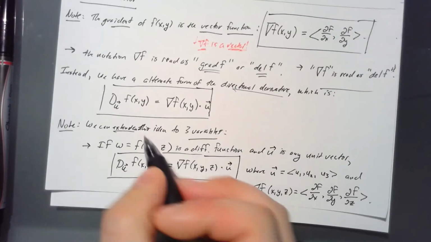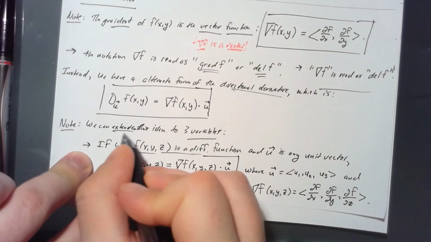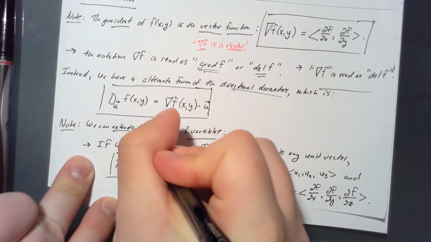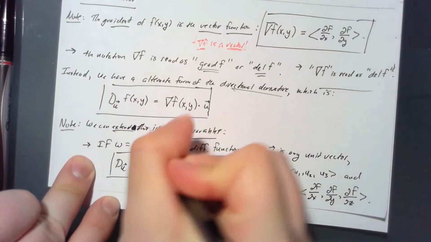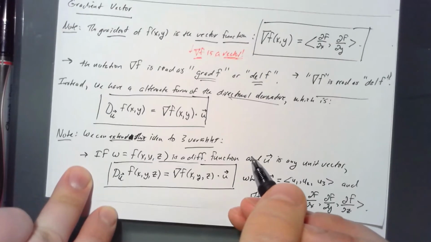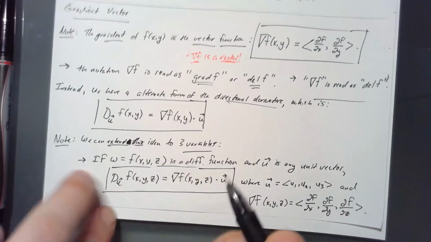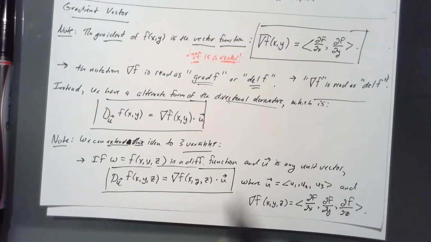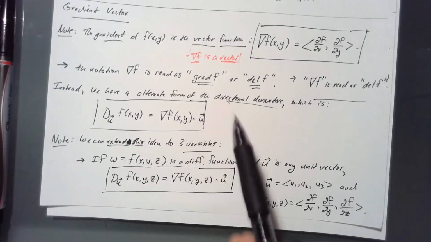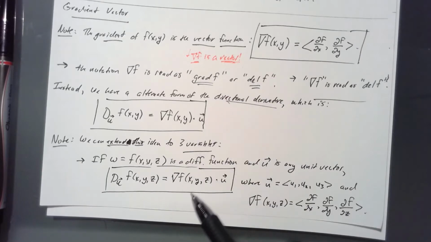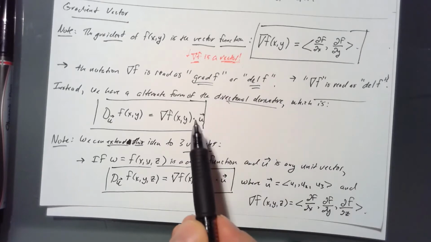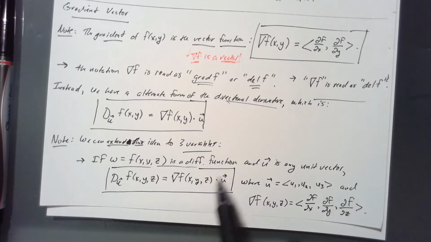Sorry about this. This is butchered right here, but this is the word extend. I wrote extended by accident. But yeah, this is the directional derivative in the two variable and three variable case. So, for a surface or a volume.